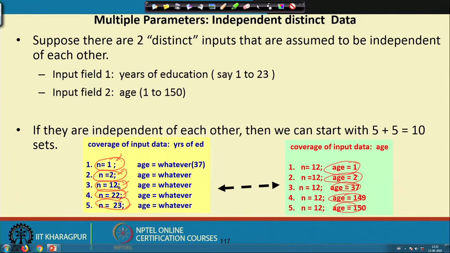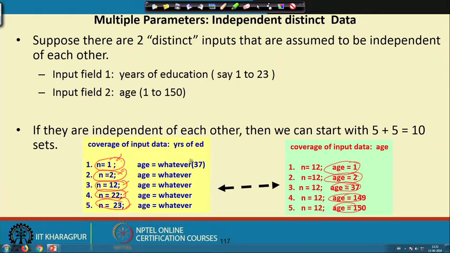So, pick one boundary from the first parameter, and combine with the other parameter's value, and similarly for every value on the boundary of the first parameter, we take any value from the second parameter like 37 or something. So, what will be the number of test cases that will be required?